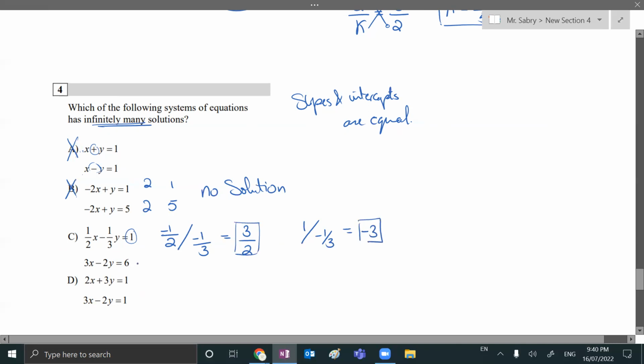Now let's check the slope and the intercept in the other equation. The slope in this one is -3 over -2, which is +3 over 2. And if you check the y-intercept, it's 6 over -2, which is -3. They share the same slope and they share the same intercept. So C must be the correct answer. They're the same line. Makes sense?